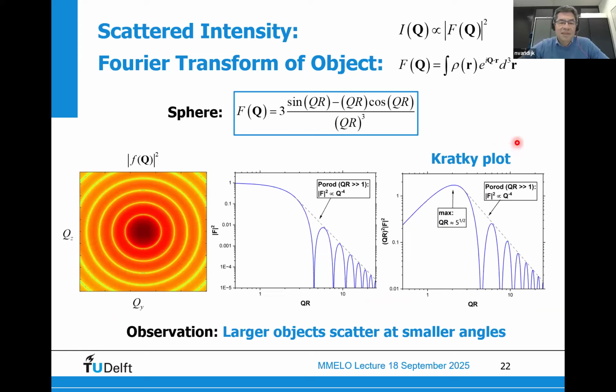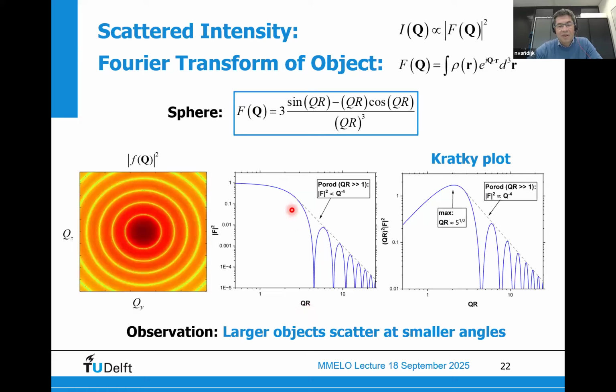So to illustrate a bit, if we take the example of the sphere and do the radial average of this, then we see that we have this interference pattern, which has these points where the interference dies out completely, so that the scattered intensity gets to 0. And this is the Q vector times the size of the particle.